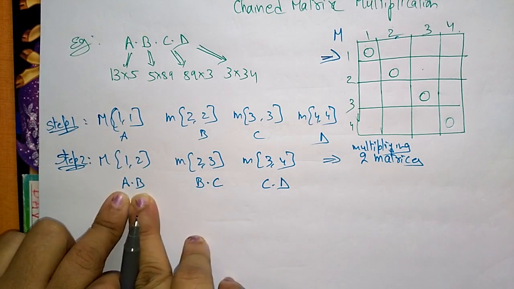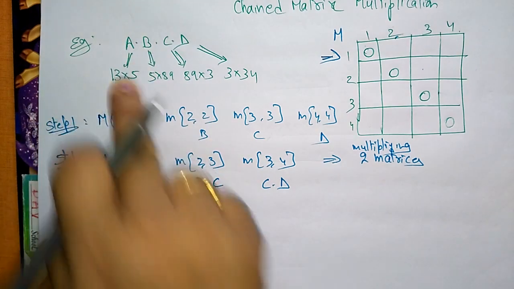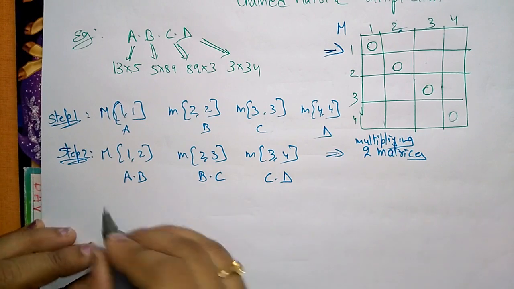Here I am just multiplying two matrices. In the end I have to multiply 4 matrices. First I am multiplying two matrices: A dot B, B dot C, C dot D. So what are the values for this?